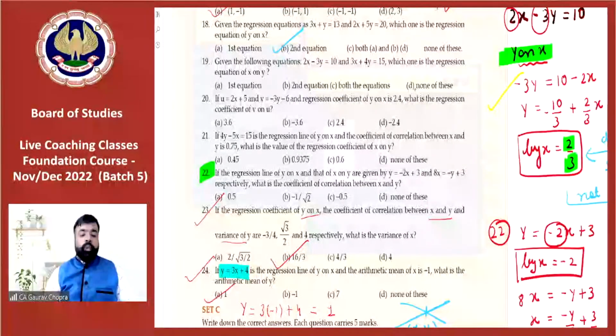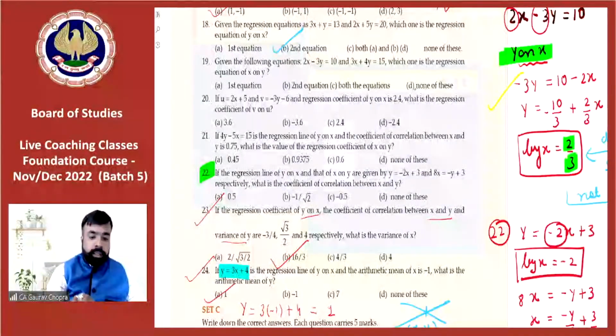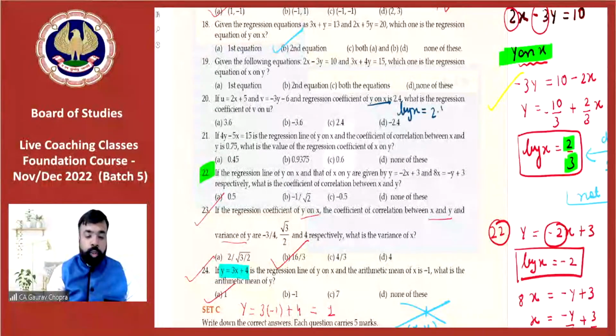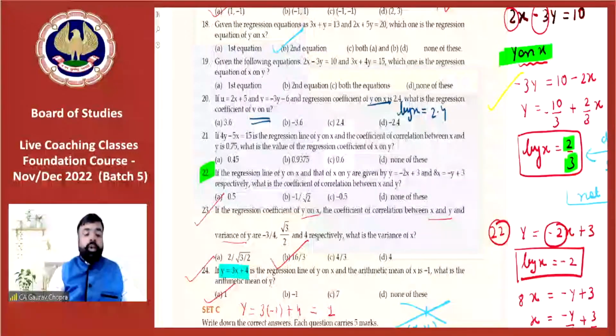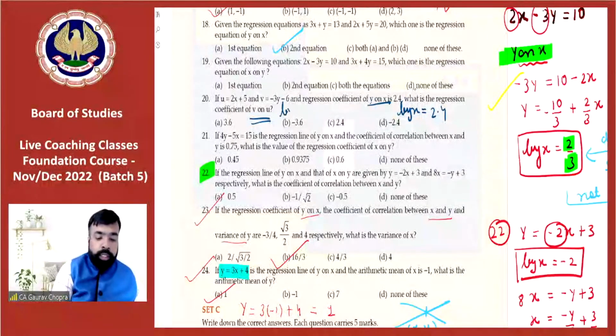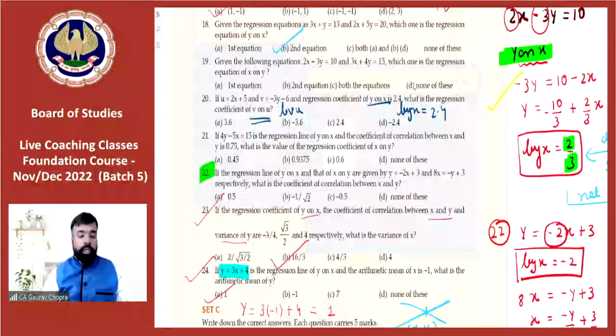Since two equations are given and the regression coefficient of y on x, that is byx, is 2.4, you have to calculate B V on U. That is BVU.